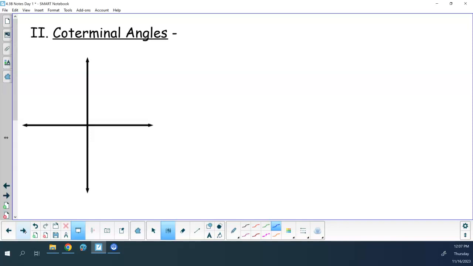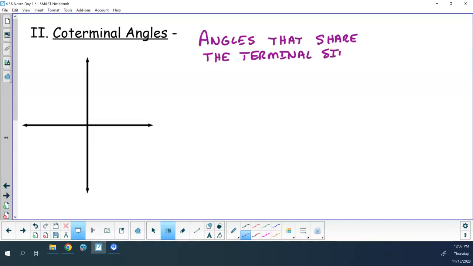Because if an angle is in standard position, then any angle that shares the terminal side would be called coterminal.